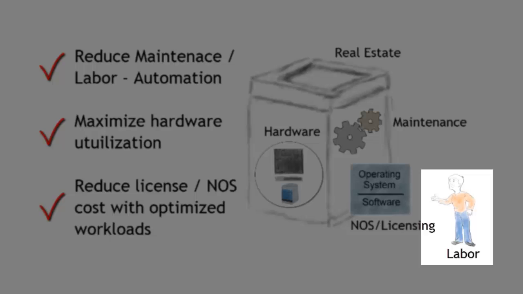Do you run the labor in-house? Do you run it out-of-house? How do you calculate all of that? Well, all of these factors we've talked about, the real estate, hardware, maintenance, operating system license, and software, have an effect on how much labor is needed. I'll give you a great example. Let's say I used software-defined networking, SDN, within my environment and commoditized the network stack.